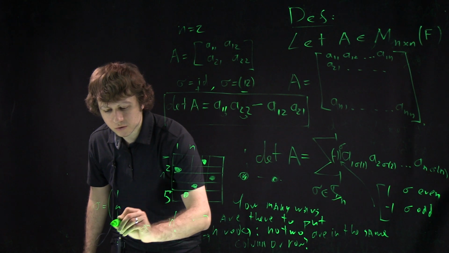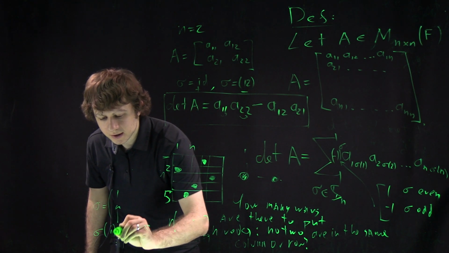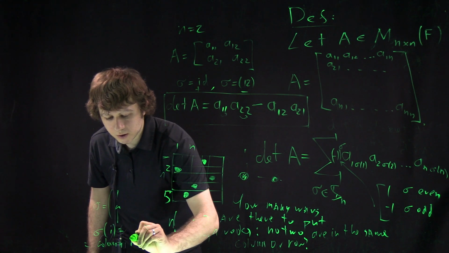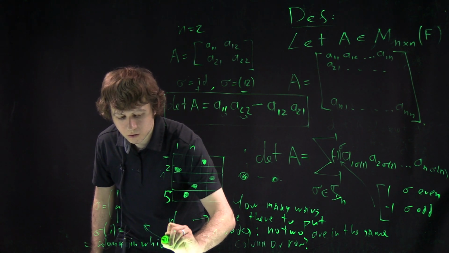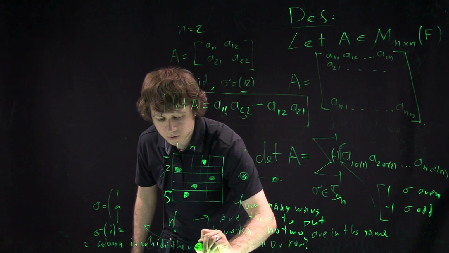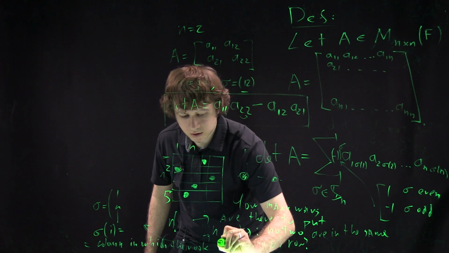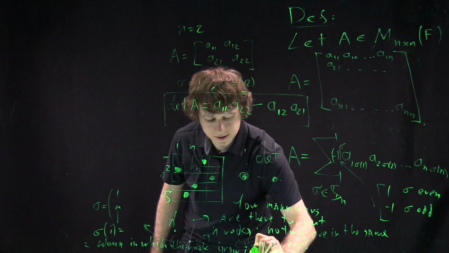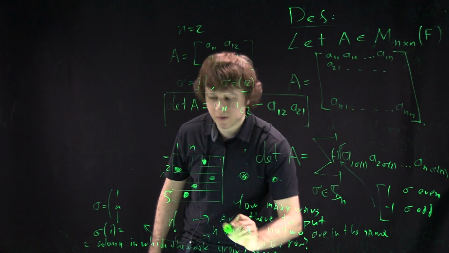So sigma of i is the column in which the rook in row i stays. And in this way I get a permutation.